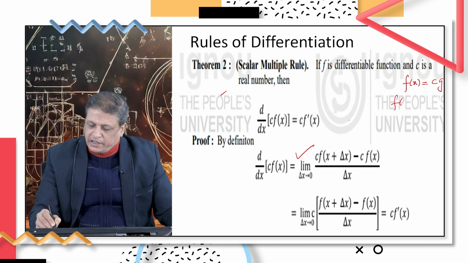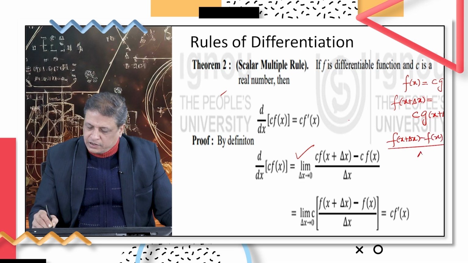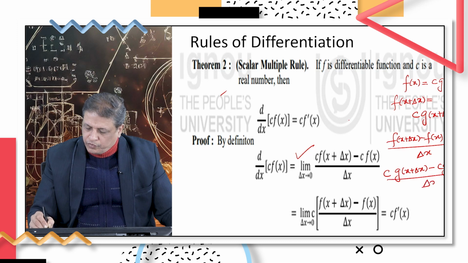So f(x plus delta x) will be equal to say c of g(x plus delta x). So f(x plus delta x) minus f(x) upon delta x will turn out to be c times g(x plus delta x) minus c times g(x) upon delta x.